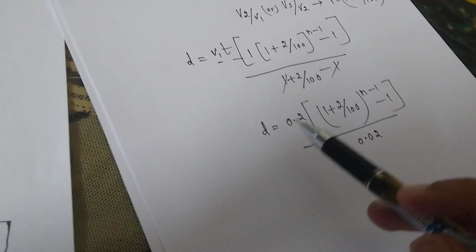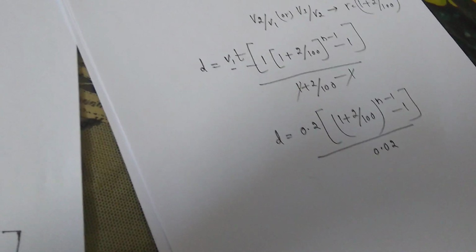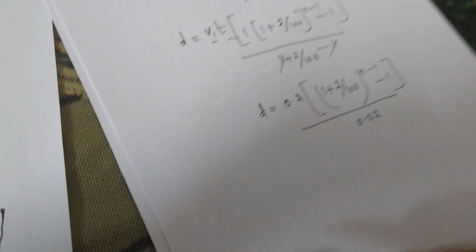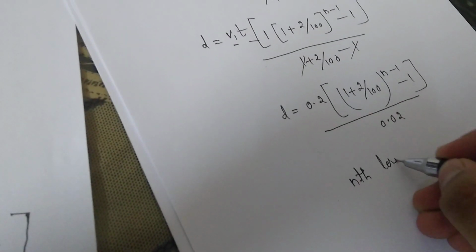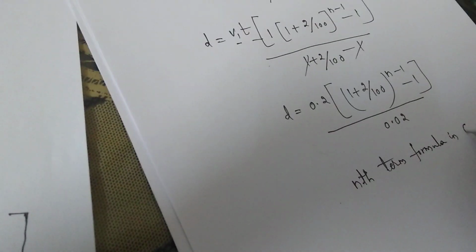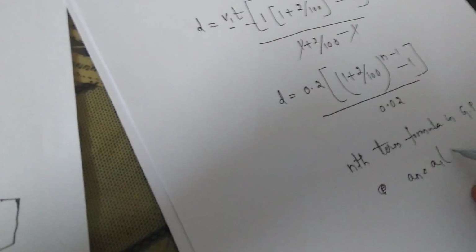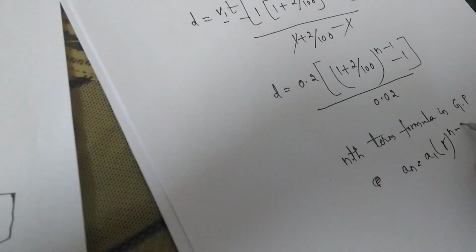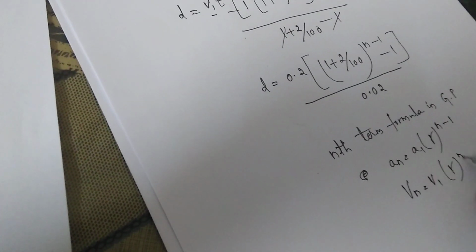We are going to find this term, (1 plus 2 by 100) whole to the power of n minus 1. And how are we going to do that? I must remind you, what is the nth term formula in GP? The nth term is an equals a1 into r to the power of n minus 1. So if the velocity is vn, it is v1 into r to the power of n minus 1.